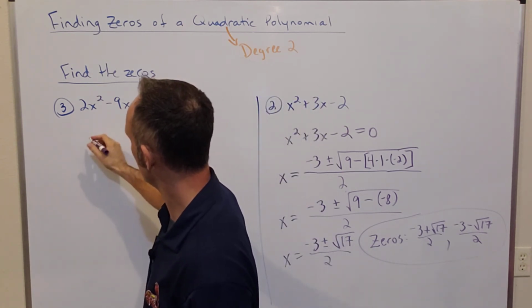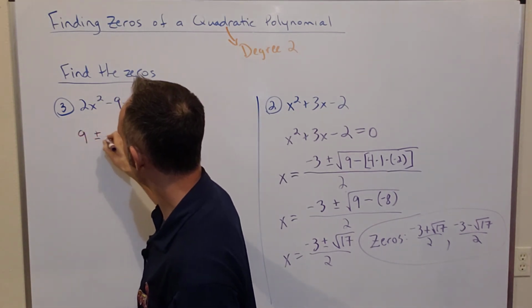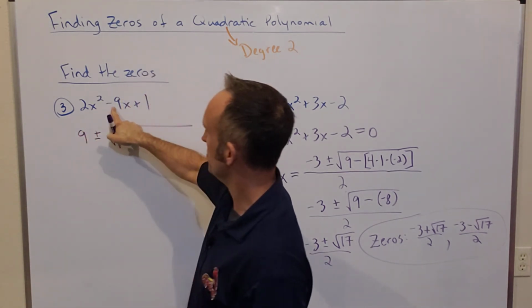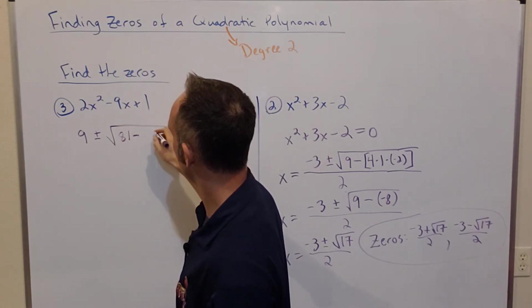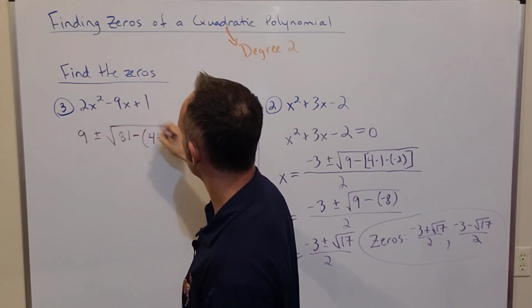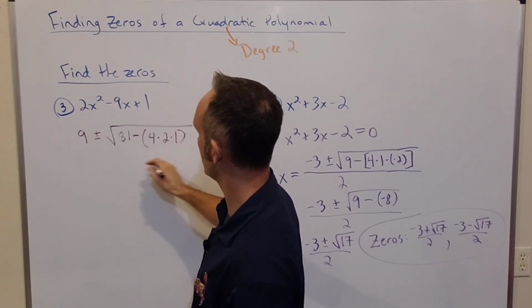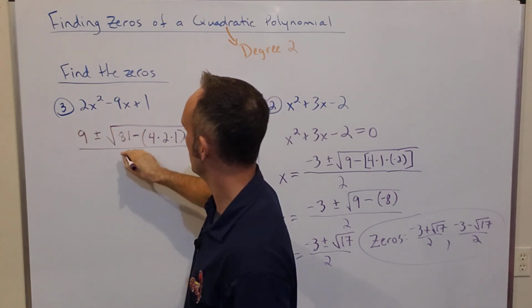So the zeros are going to be -b, so that's +9, plus or minus the square root of b squared, that's +81, minus 4 times 2 times 1, that's the 4ac, all over 2 times a, so 2 times 2 is 4.